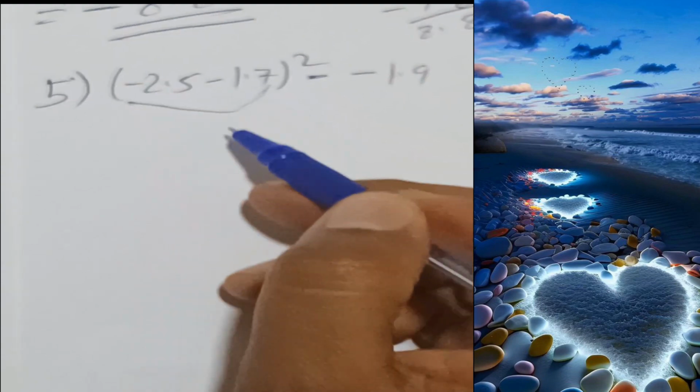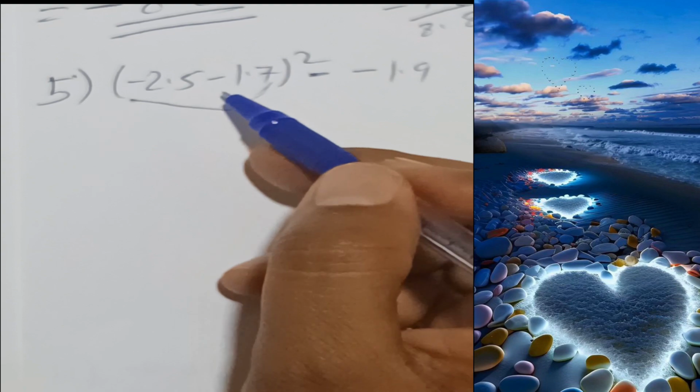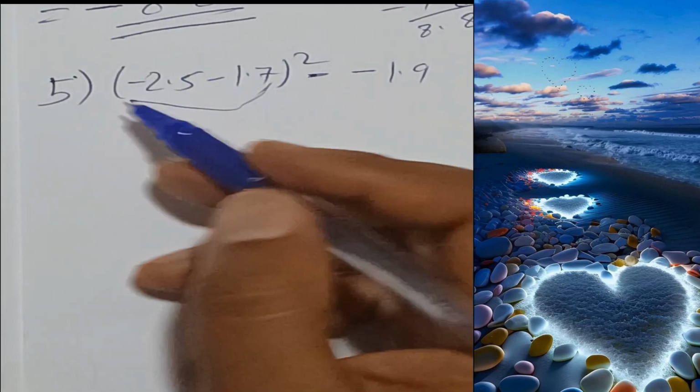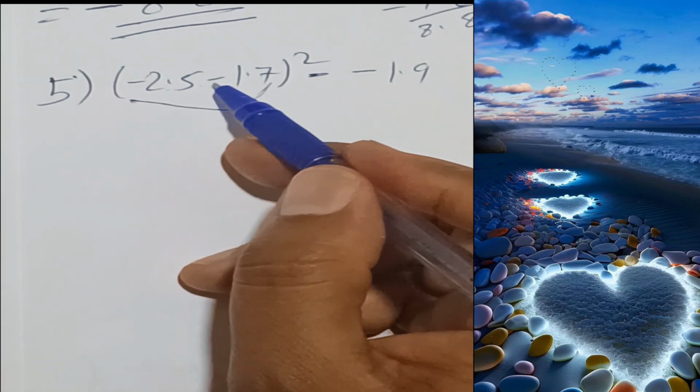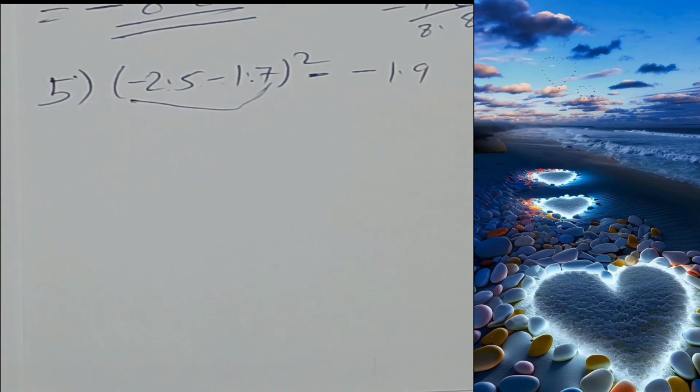First, we do the bracket, then we will square it, then we do the negative parts. So minus 2.5 minus 1.7 means you add them and then put a negative sign.